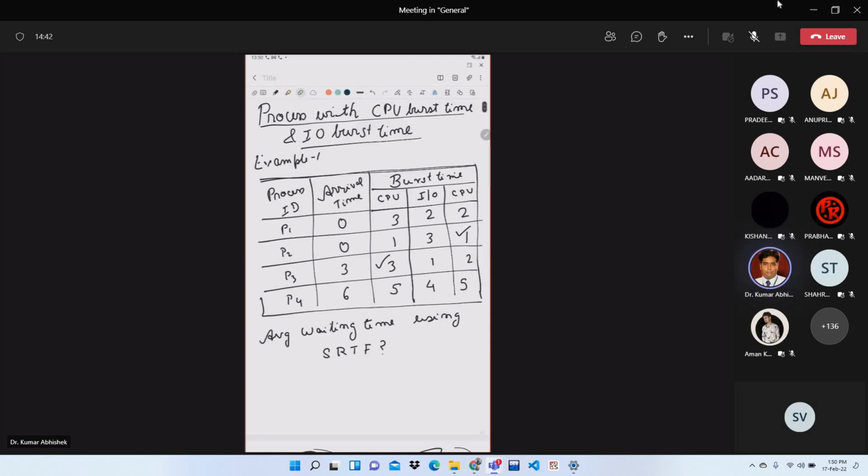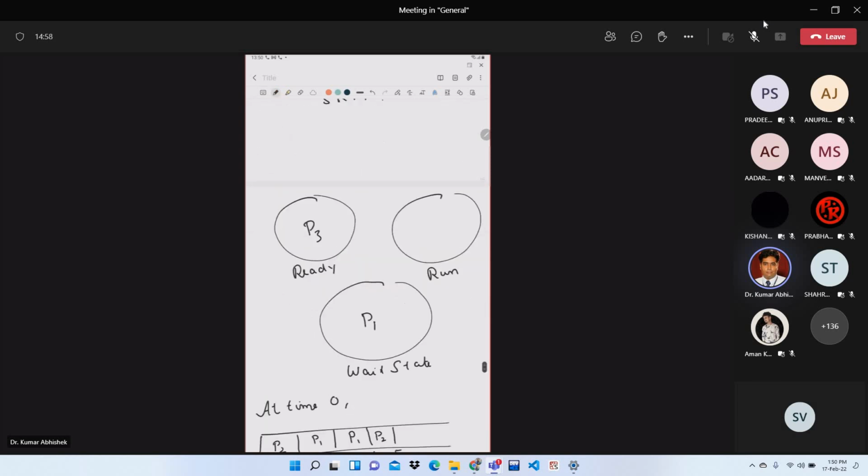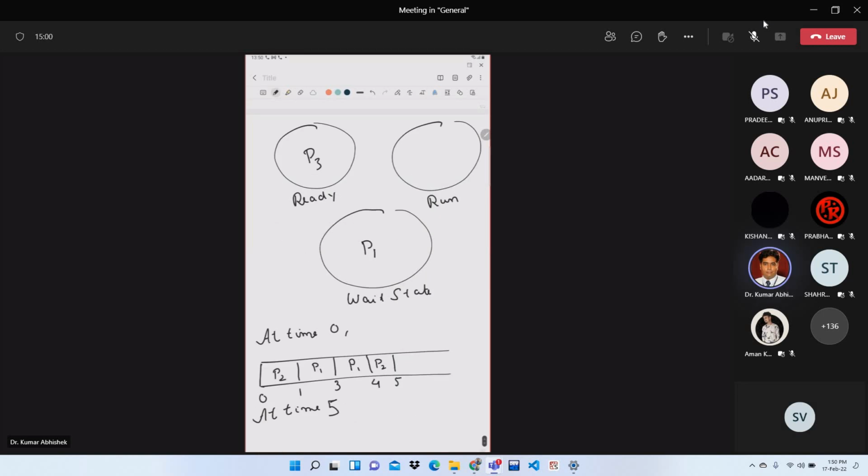No. P2 has completely terminated. This will indicate which process is terminated. Now, at time 5, what is there in the ready queue? P3. P1 will also come.